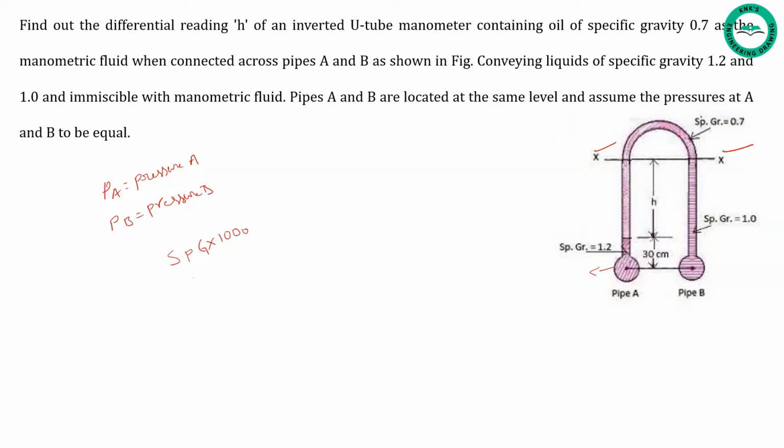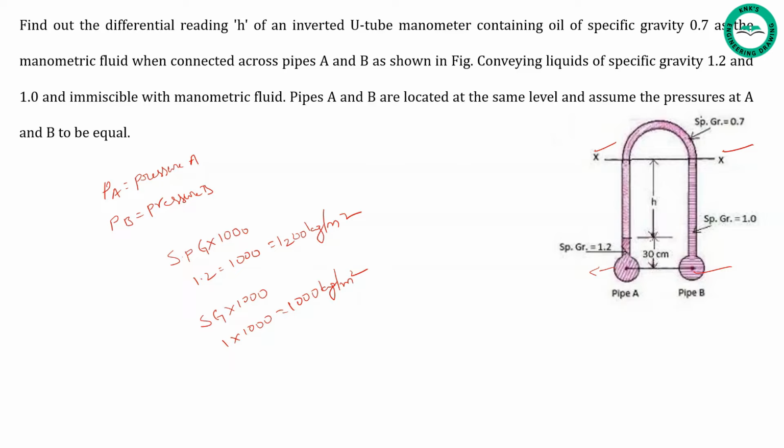So here the specific gravity is 1.2 into 1000, which gives 1200 kg per meter cube. Now density of liquid in pipe B. Similarly, specific gravity into 1000, that is 1 into 1000, which gives 1000 kg per meter cube.